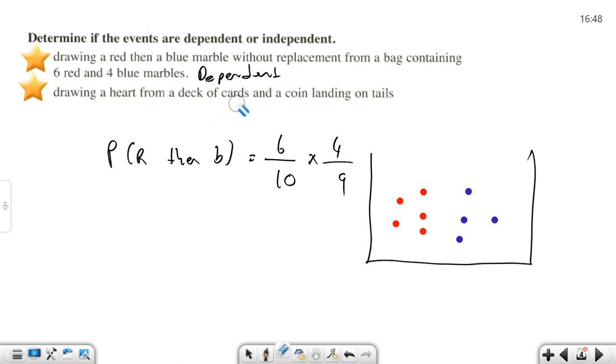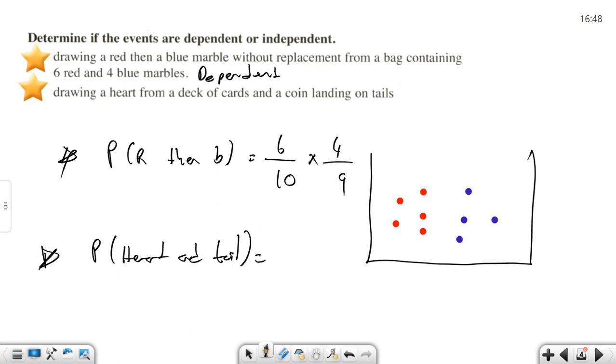Drawing a heart from a deck of cards and a coin landing on tail. Let's solve this second one. Probability of a heart and a tail.